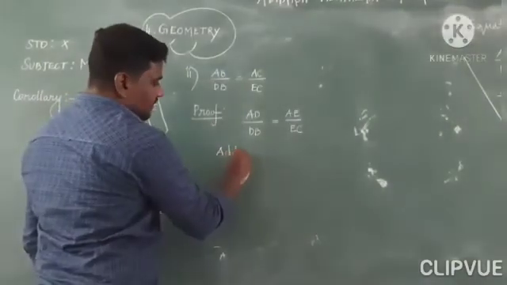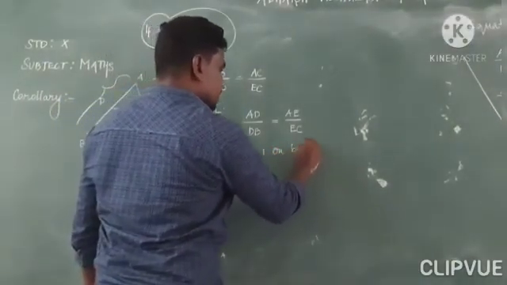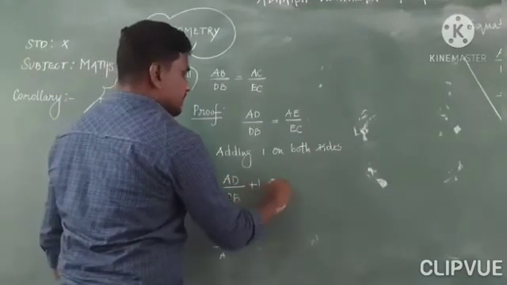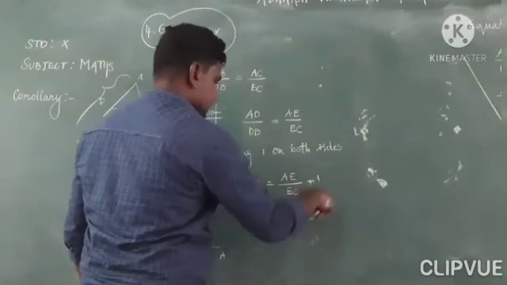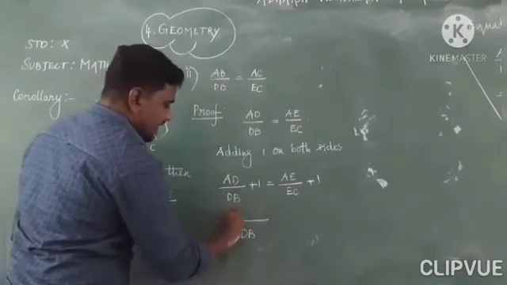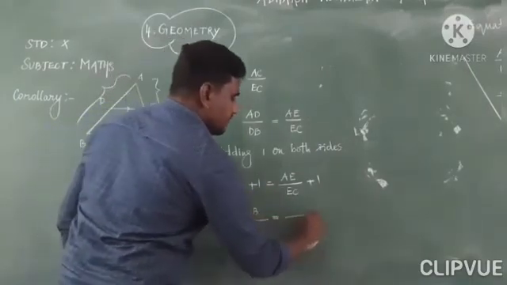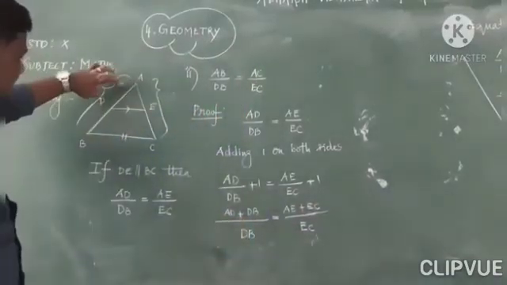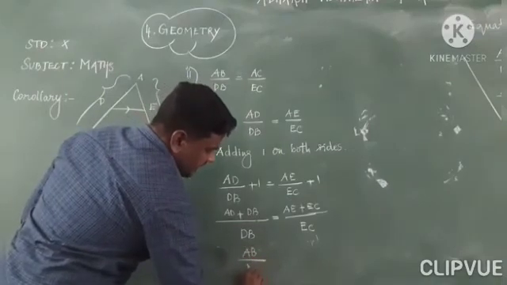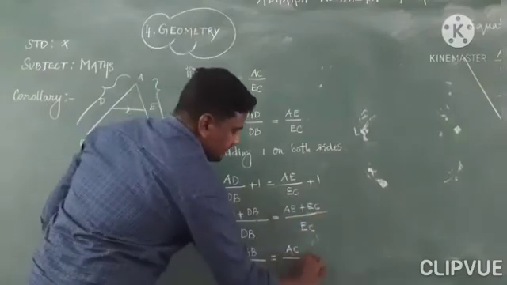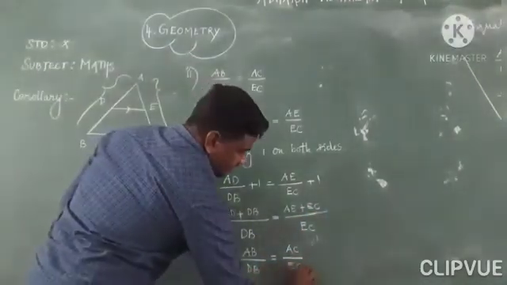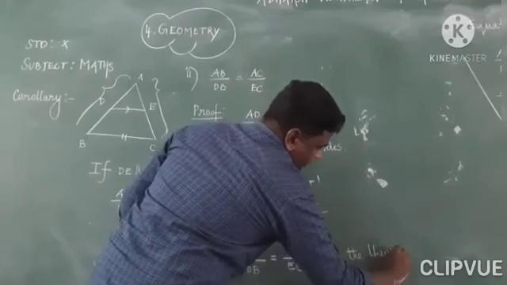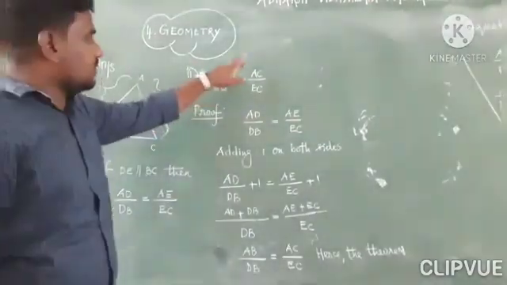So simply adding 1 on both sides, here the LCM is DB and EC, so AD plus DB over DB is equal to AE plus EC over EC. Hence the sum of AD and DB is AB, by DB, is equal to the sum of AE and EC, which is AC, by EC. So AB by DB equals AC by EC.